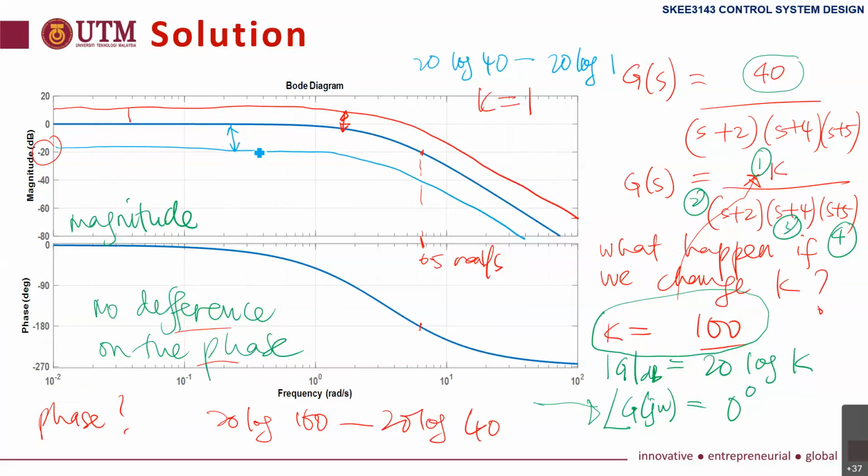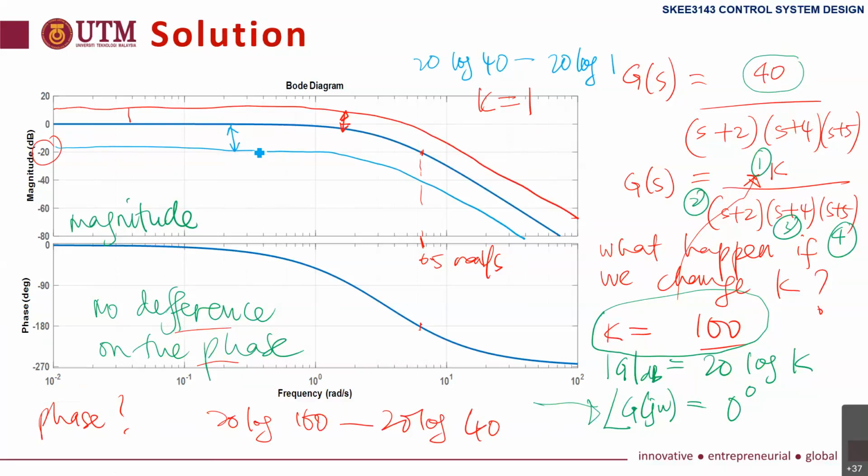Hello. If we change the K, it means we change the stability of the system also. Yeah, of course. We will go to that later after this. When we change K, it will go up and down.